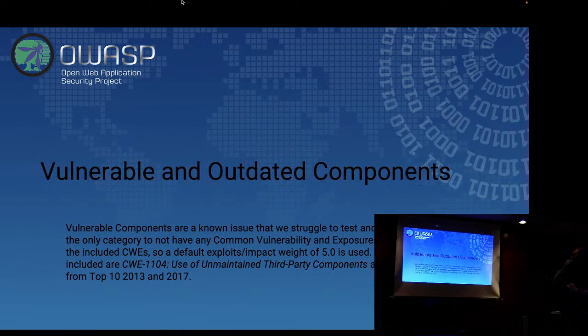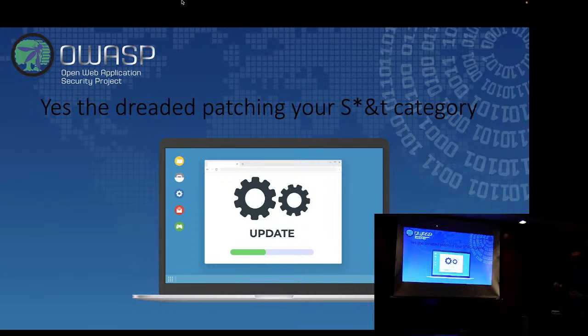Next. Vulnerable and outdated components. Yes, patch your stuff, guys. It's just that easy. We hate this part of it. Updating stuff, it's difficult. It just kind of gets more to the heart of more central security stuff. Next.